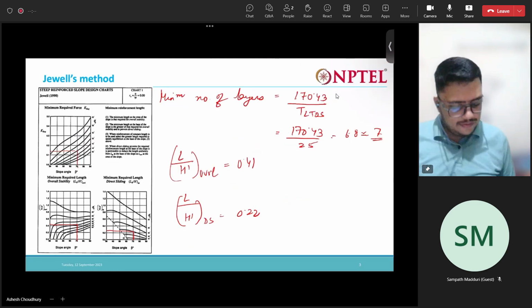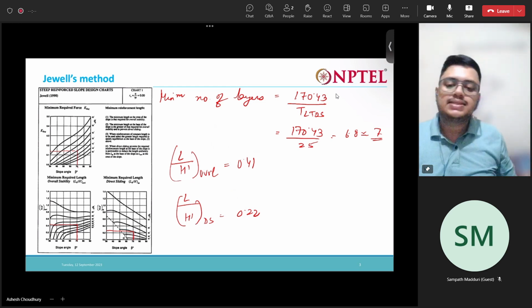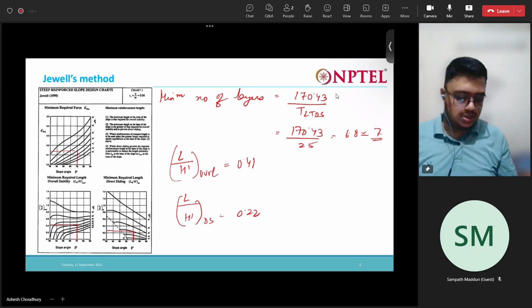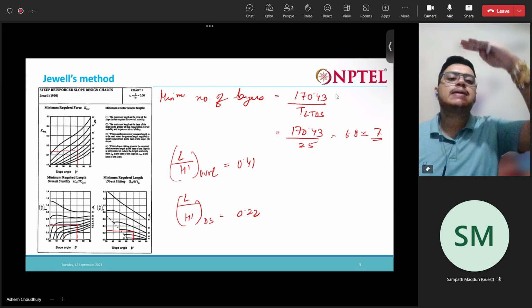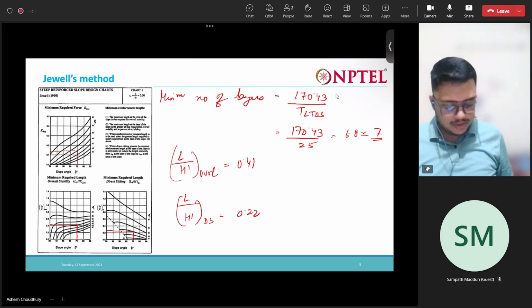Now if L by H overall is greater than L by H direct sliding, we generally provide the L by H overall length throughout. We provide the same length throughout.